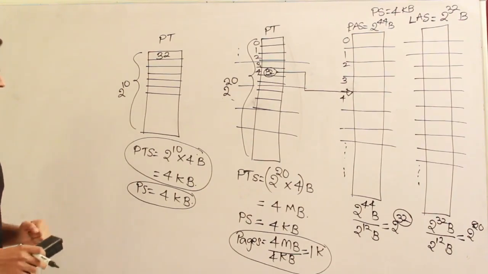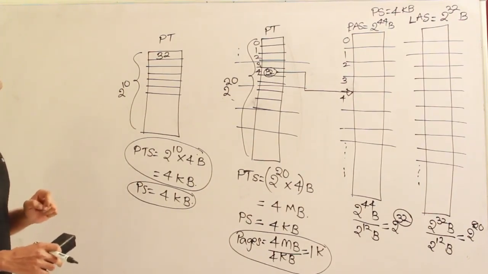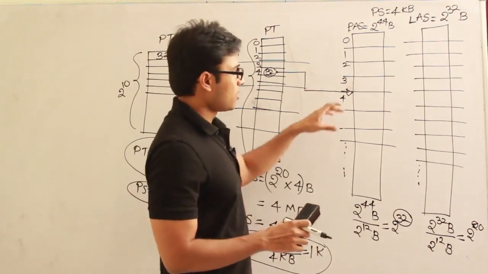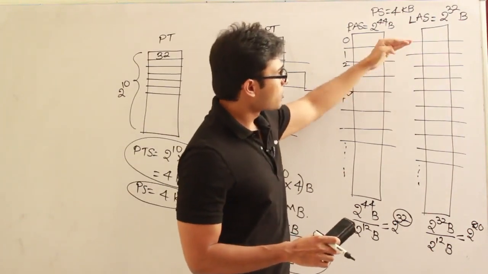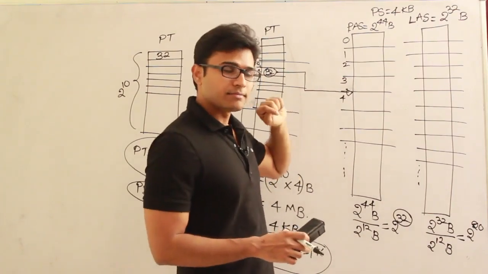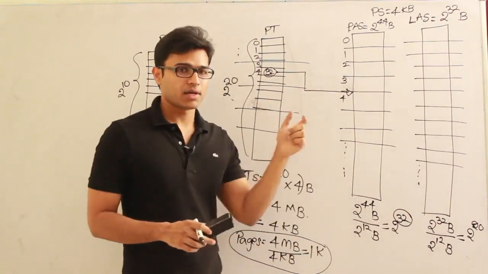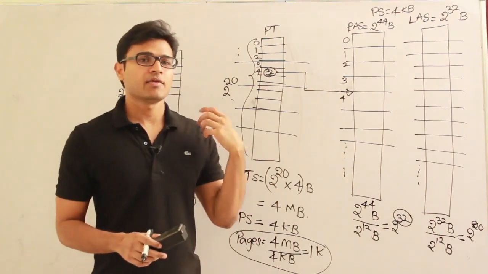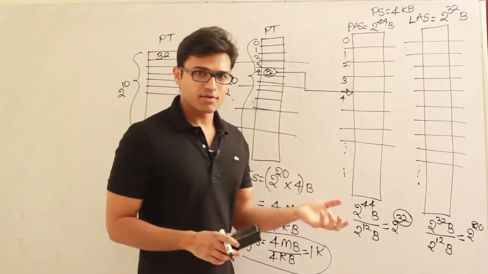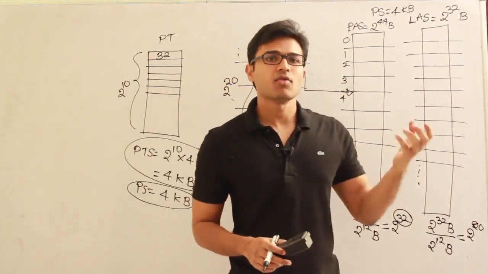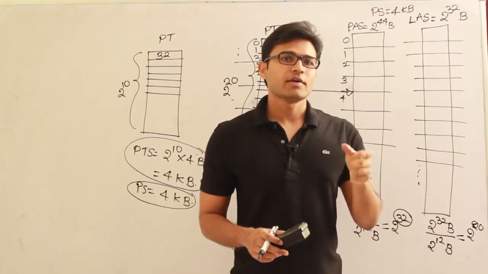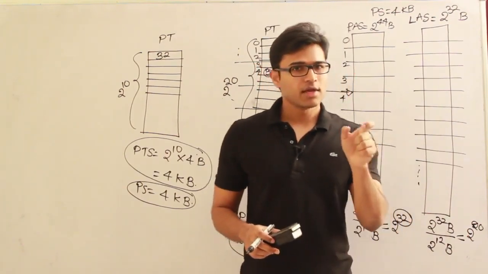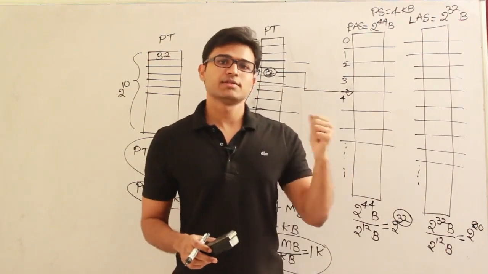Okay, before going ahead, I just want to do a few things here. See this, now the logical address space is divided into pages, right? And I assume that it is byte addressable. Byte addressable means finally whenever I generate an address, what I want to get is 1 byte, or whenever I talk about any address, I am talking about the number of bytes that are present in the system.